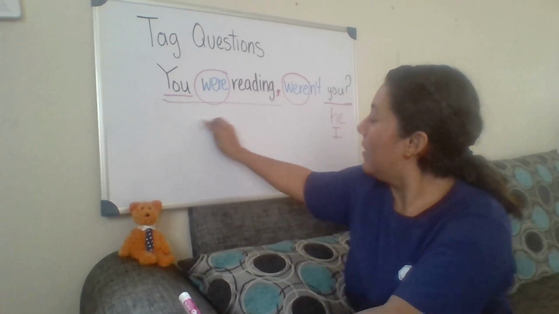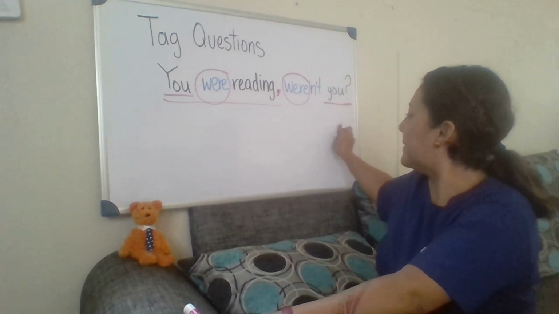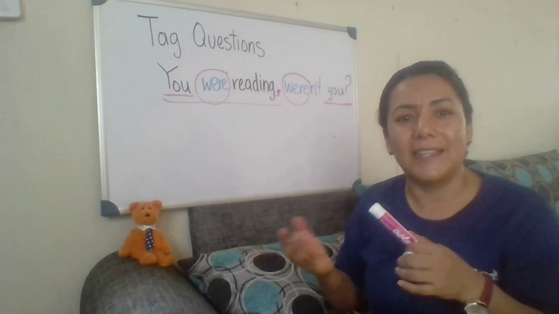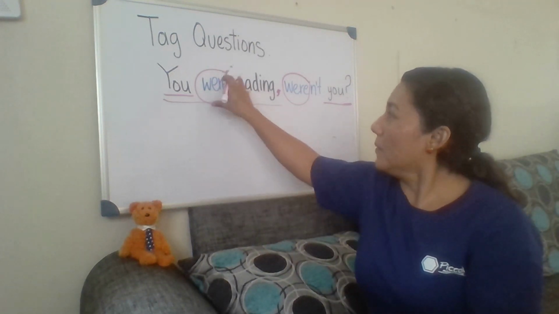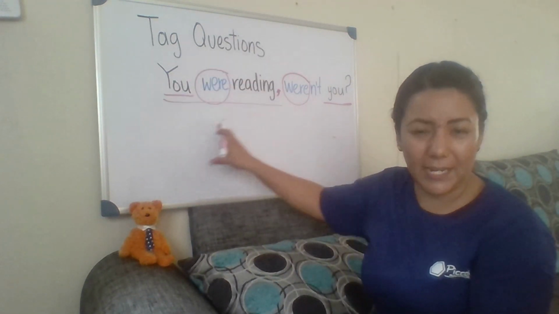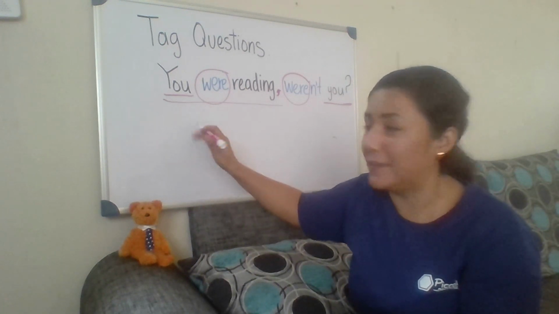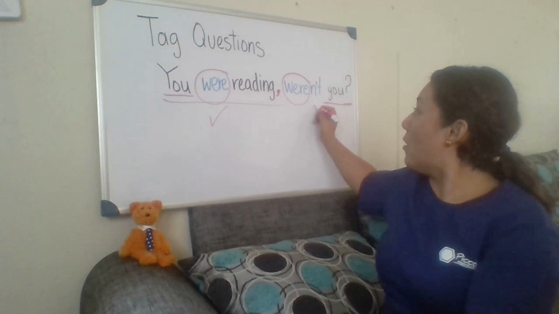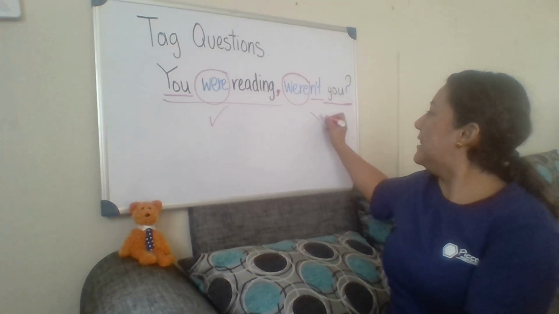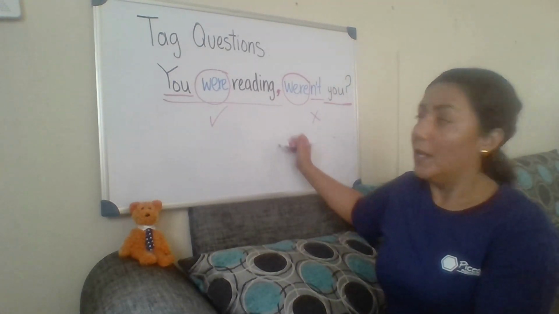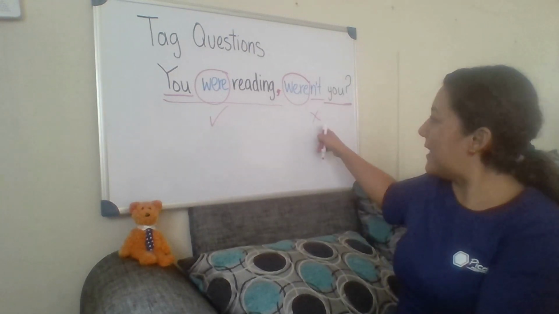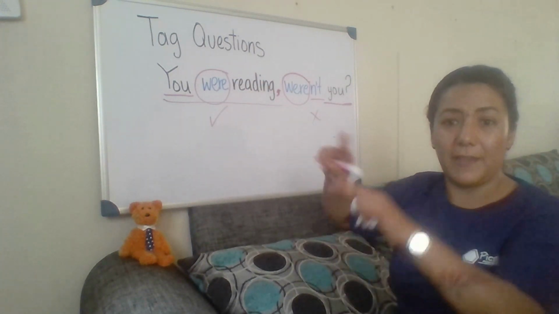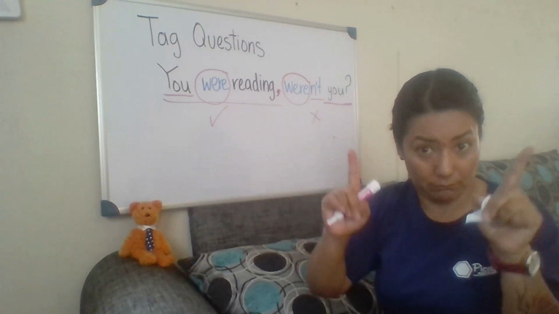And probably the most important thing in tag questions is, if the beginning of the sentence is affirmative, the tag question is negative. If this is affirmative, this is negative. If this is negative, this would be affirmative. It goes opposite. Okay?